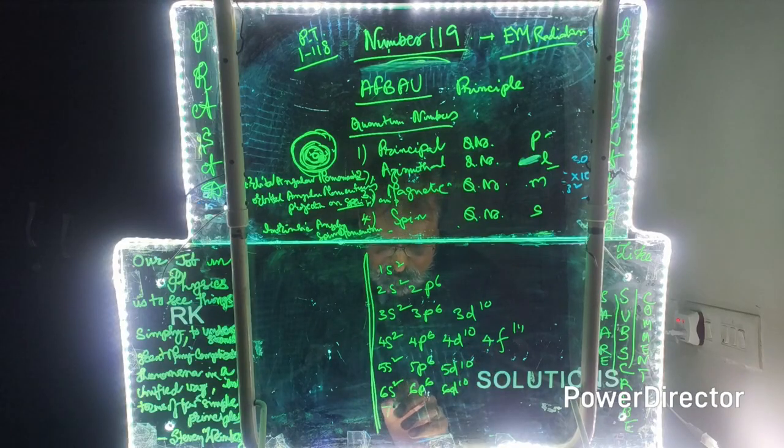Okay, 7s2, we don't need the others, that's why I'm skipping them. 7p6, 8s2, let's say.